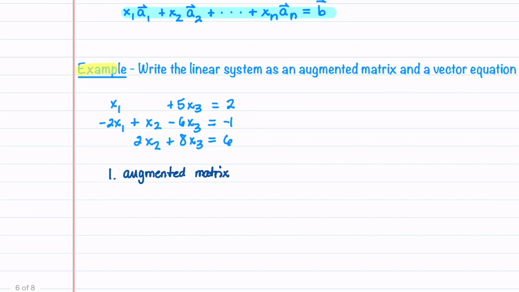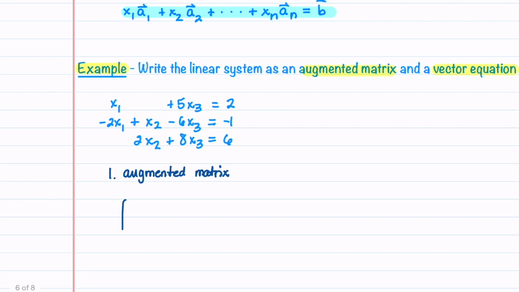In this example, we're going to write the linear system as an augmented matrix and then as a vector equation. We're starting with an augmented matrix because we already know how to do that. Our augmented matrix is going to look like this. We have the coefficients multiplying our x1s, and then the coefficients multiplying our x2s, and then the coefficients multiplying our x3s. And then we have our line and our right-hand side.